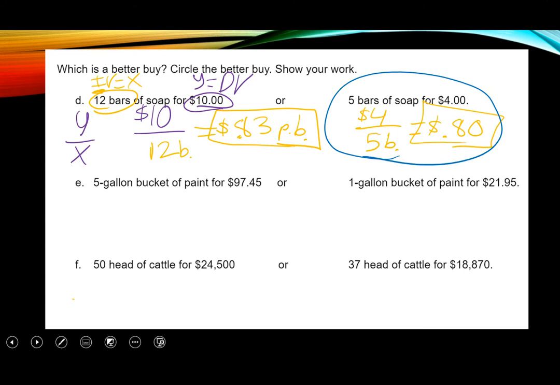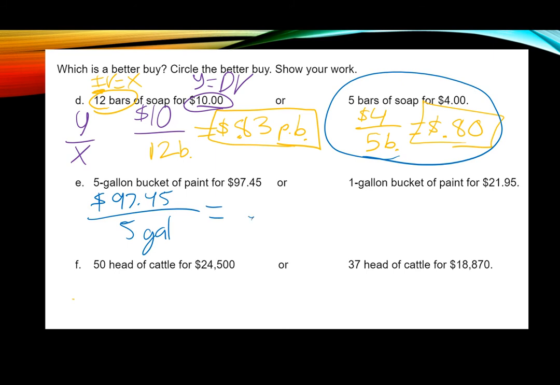Nice. Next, we're looking at 97.45 over 5 gallons. We want to get this for just 1 gallon, our unit rate, just like we did above. So we're going to divide by 5 and divide by 5.